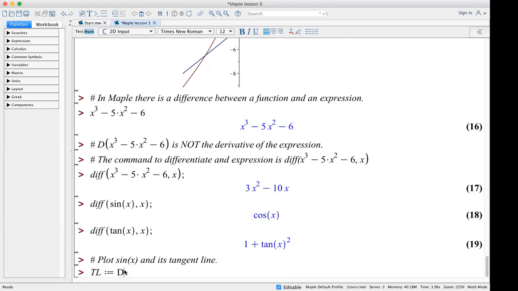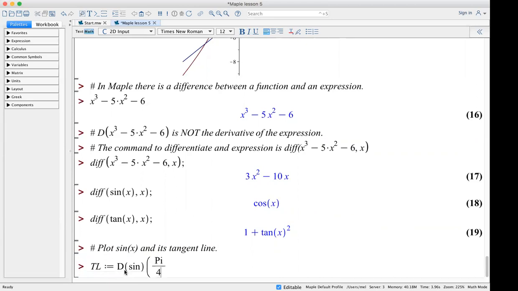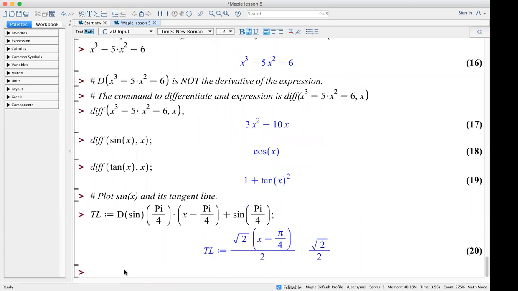So you have the derivative of the sine evaluated at pi over 4 times x minus pi over 4 plus the sine of pi over 4. Of course, we know the sine of pi over 4 is root 2 over 2. The derivative of the sine is the cosine. The cosine of pi over 4 is also root 2 over 2. So that's the equation of the tangent line.